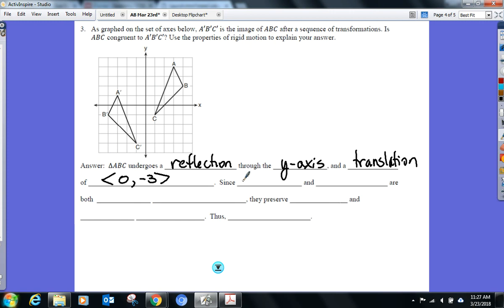And then finishing up, what 2 transformations you just performed? Since reflections and translations are both rigid motions, they preserve distance and angle measure.